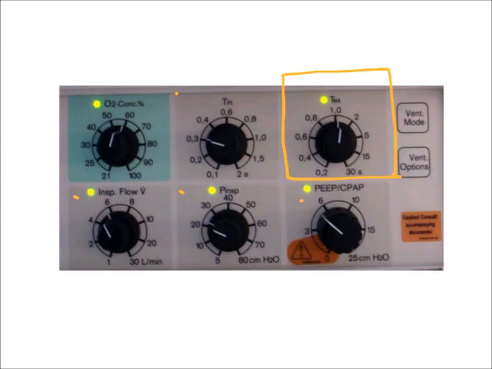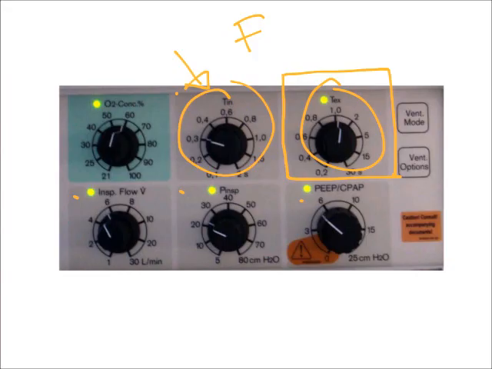So to get a respiratory rate, it was from setting my expiratory time and my inspiratory time, and that would give me a frequency. However, setting the inspiratory time is the most important, so people usually focus on that and really don't set an expiratory time. And usually the normal setting is your expiratory time is set 3 times above your inspiratory time.